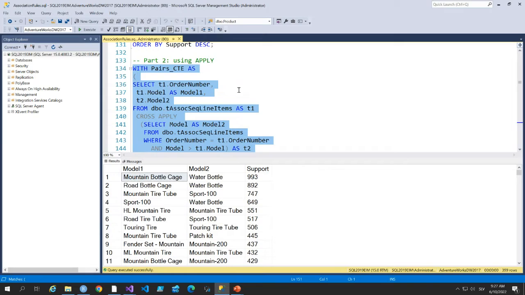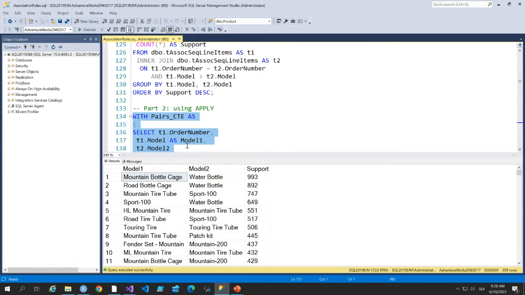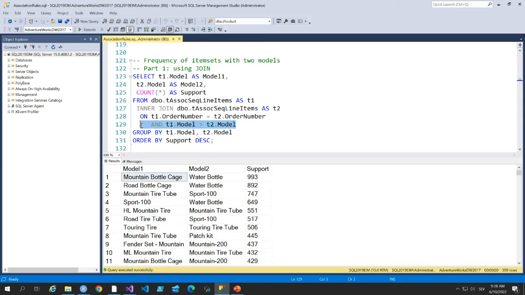It would matter if you had few orders only, and then maybe 10,000 items on each order. In this case, this would be a bigger problem. Let's look for a second at this query. Basically, this is a non-equal condition based on a single order number. More or less, this means half of a cross join.